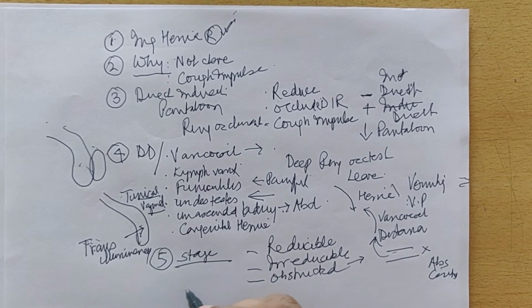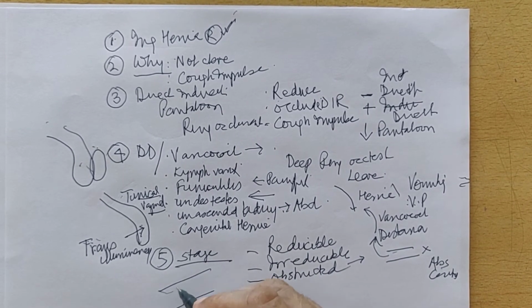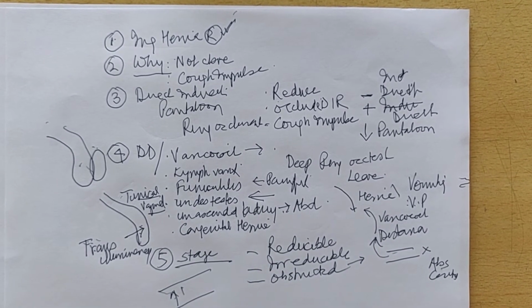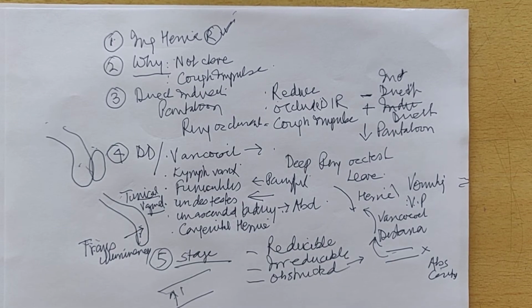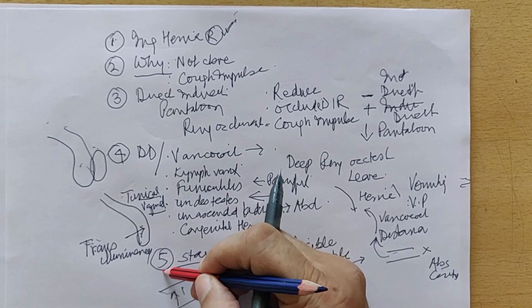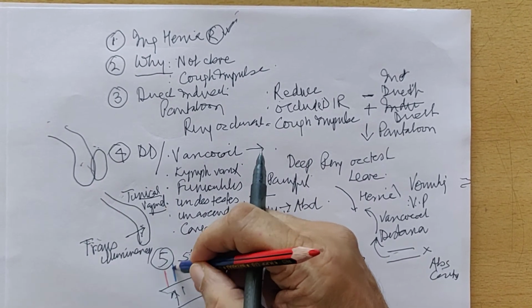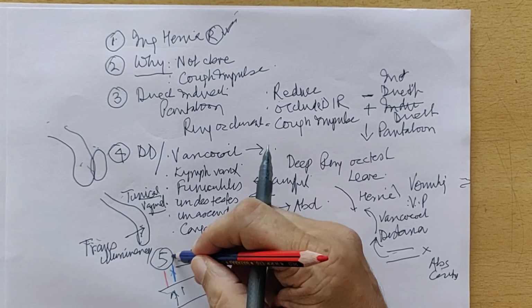Then as the intraluminal pressure in the intestine rises, the veins are blocked because the pressure is higher than the veins.